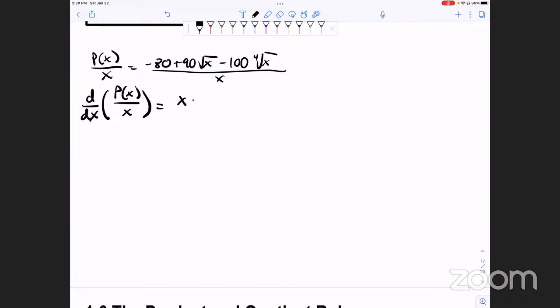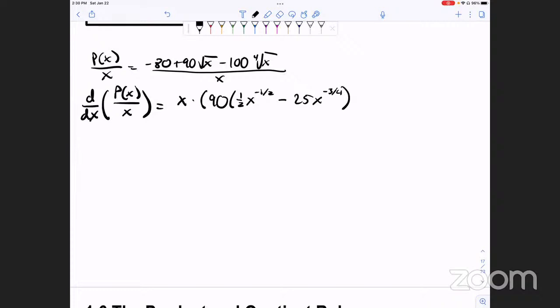So low, d high, so derivative of the top. The 80 is gone. Square root of x, let me see, that's going to be times 1/2 x to the negative 1/2. I'm going to leave it like that for right now. It's going to be minus, now that's a 1/4. The 1/4 comes down, so that becomes 25 x to the power of negative 3/4, right? Because you've got to say 1/4 minus 1. I'm going to leave that like that.